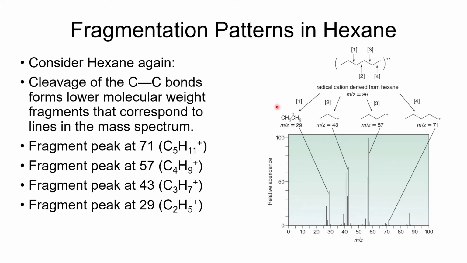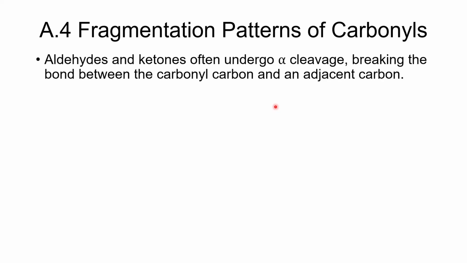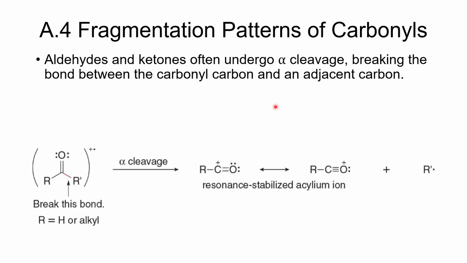Now, for compounds that have functional groups, the fragmentation patterns are a little bit predictable. All right, so aldehydes and ketones, you'll often get what's called alpha cleavage, where you cleave the bond between the carbonyl and the alpha carbon.